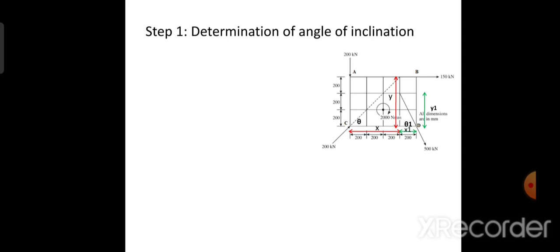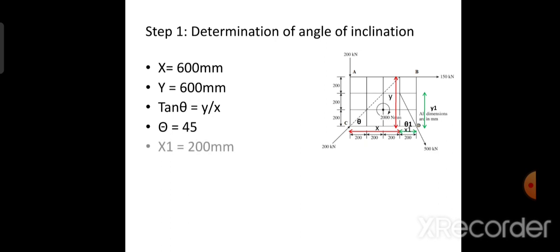The vertical distance, represented by the red arrow mark here, is equal to y and the horizontal distance is equal to x. Both are equal to three small grids, so it is equal to 600 mm and 600 mm. So tan theta is equal to y by x, so theta will be equal to 45 degrees.